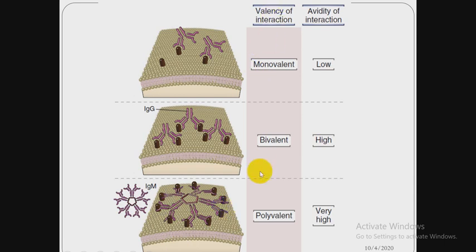So the interaction of IgM with this polyvalent antigen induces a polyvalent interaction, and the avidity of the interaction is very high, and is higher than the second or the first row of this picture. So the structure or arrangement of the epitopes on the surface of the antigen is important in determining the avidity of the interaction between the antigen and antibody.